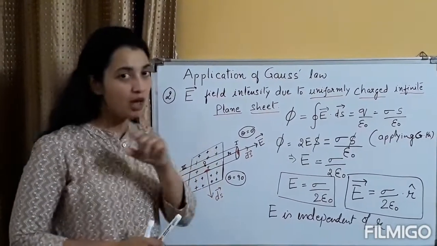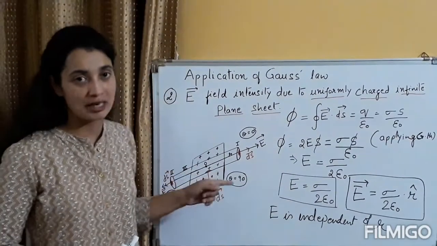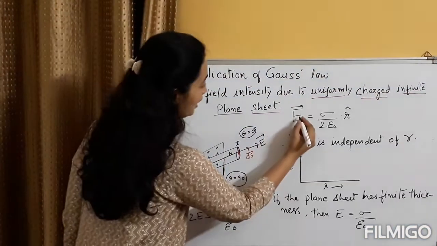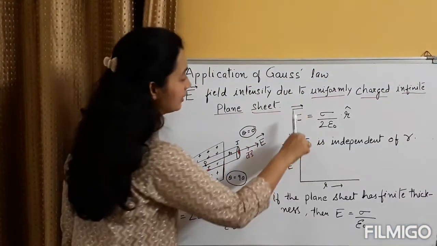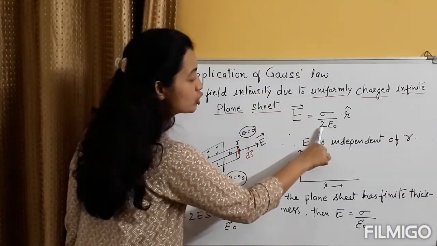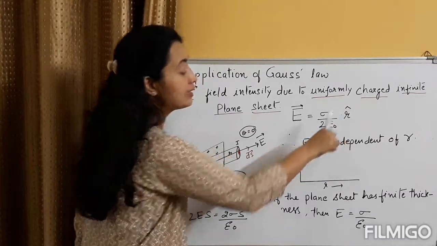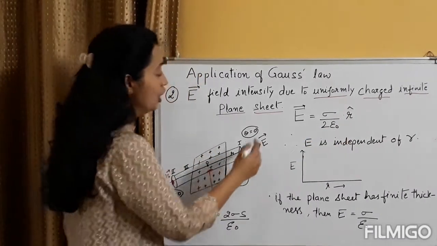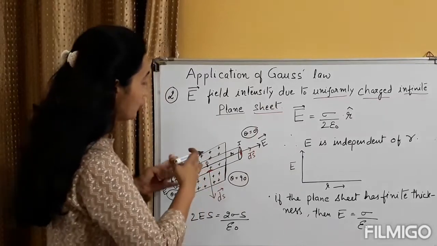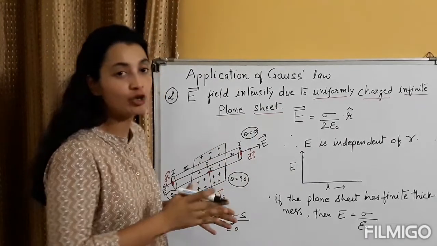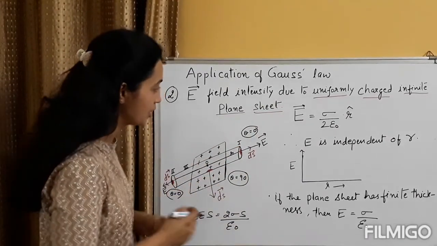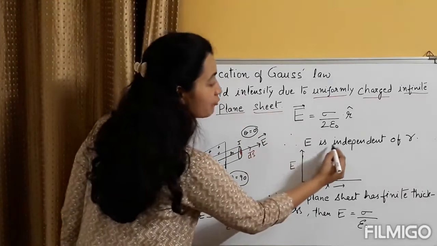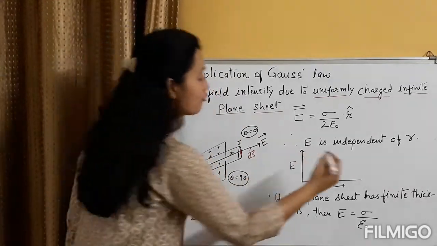Here we conclude a small conclusion and an extension. We concluded electric field vector is sigma upon 2 epsilon naught in the direction of outward normal to the particular sheet or plane of sheet according to its orientation. So we concluded electric field is independent of r.